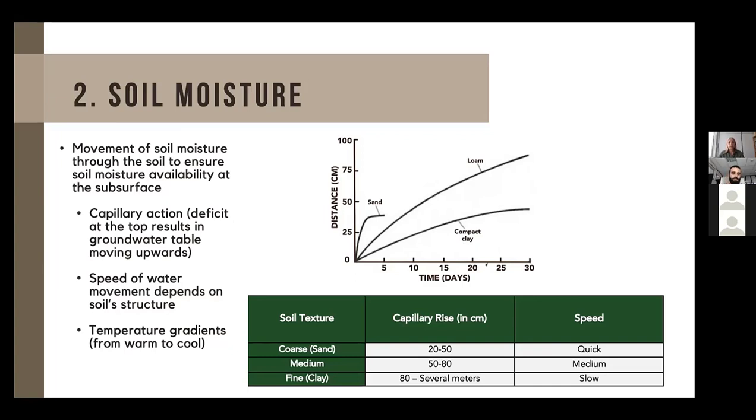So when there's a deficit of soil moisture at the top, for example, because of crop uptake, so through transpiration or evaporation, this actually creates a deficit of soil moisture at the top. And then the capillary action makes sure that the groundwater table rises up to make sure that enough soil moisture remains at the top. But the speed at which this happens really depends on the soil structure.